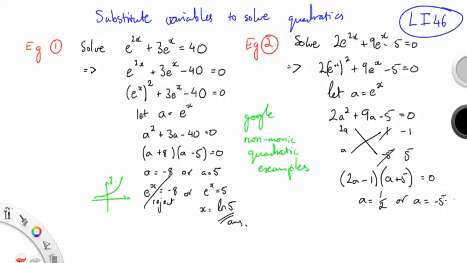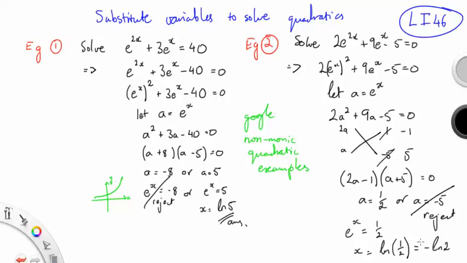So just like before, we have to reject the negative root, and we have to substitute in again. So a equals e to the x, so that can go down there. E to the x equals a half, so x equals the natural log of 1/2, which is also equal to negative the natural log of 2.